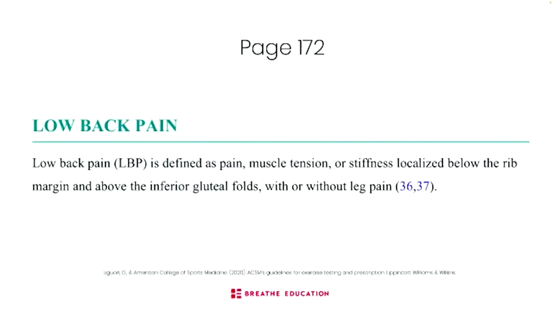So if we go to page 172, and look for the definition of low back pain. Low back pain is defined as pain, muscle tension or stiffness localized below the rib margin and above the inferior gluteal folds, with or without leg pain. Let's deconstruct that for a second.